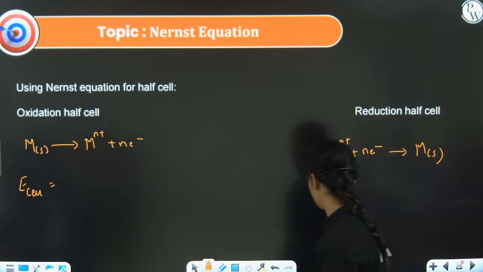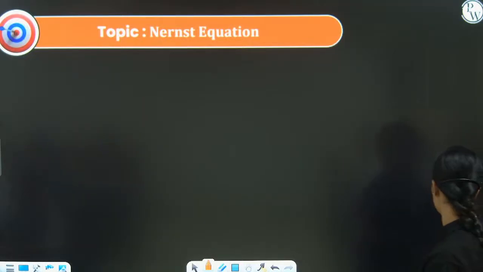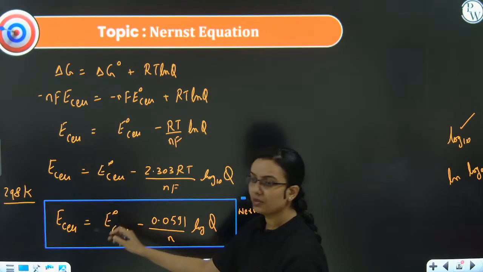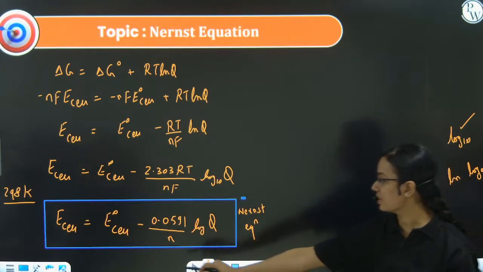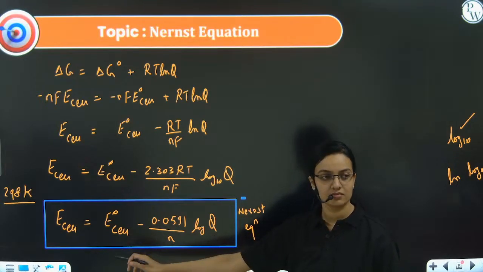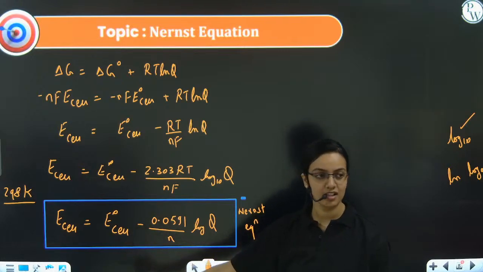Acha, one more thing. When you are calculating E cell, how E naught cell you will calculate here? E naught cell कहाँ से आएगा? Hmm. E naught cell, how will you calculate?